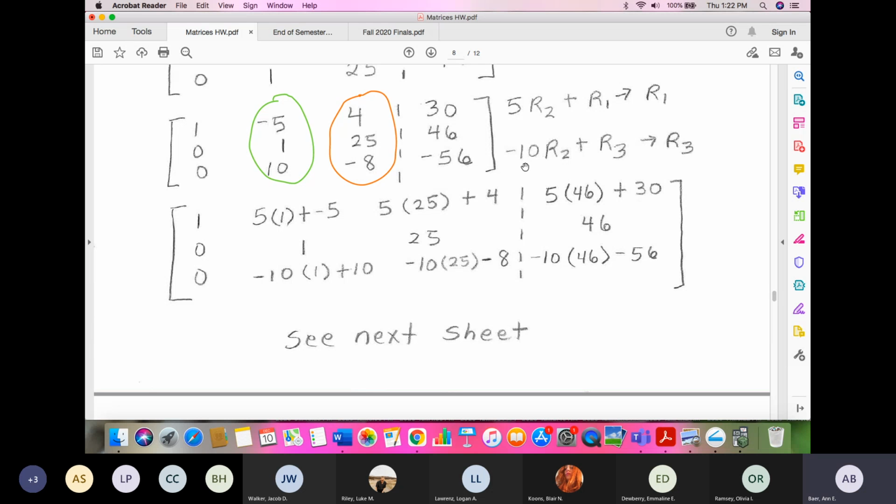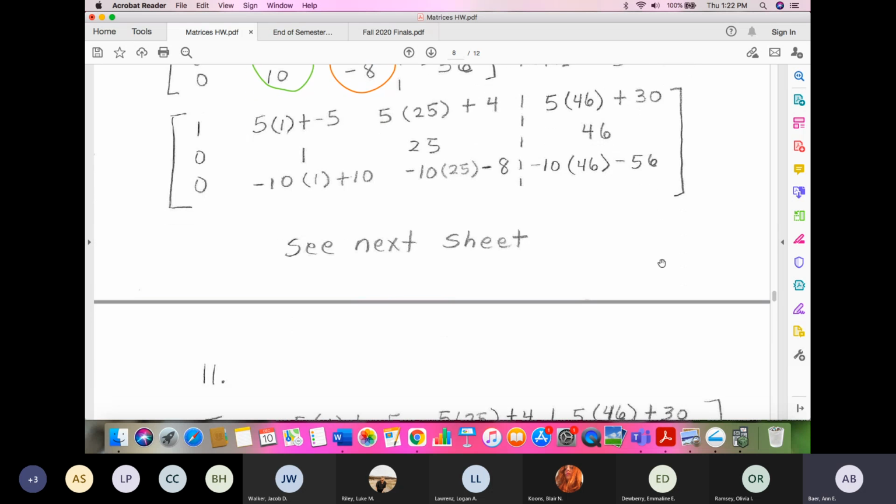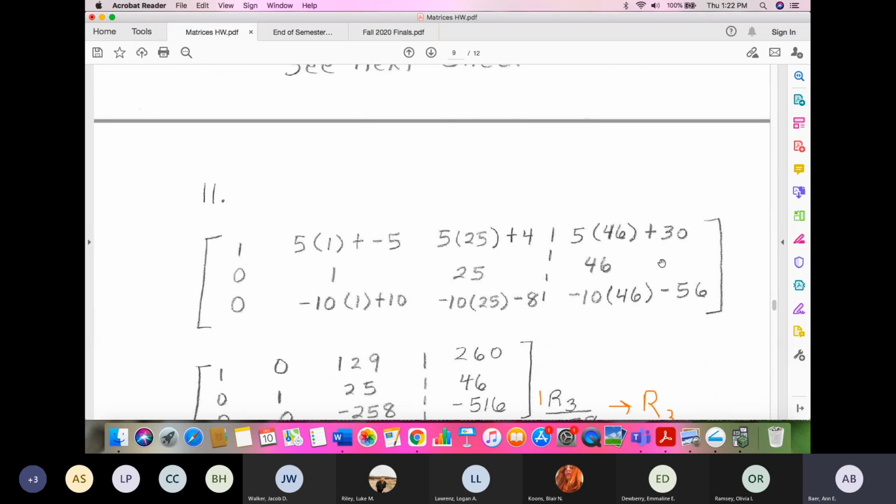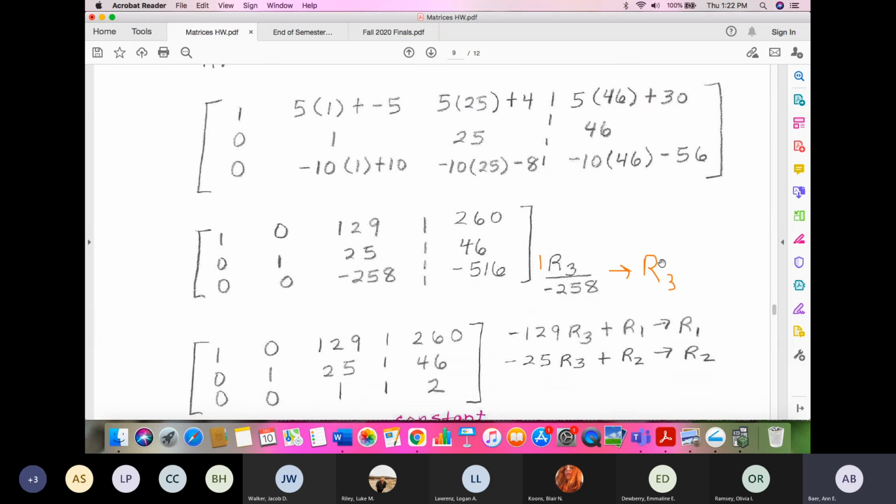And down here, we need to do this one: negative 10 times row 2, which is 46, plus row 3, 1, 2, 3, that's minus 56. And we just need to calculate what those are. I just copied it down exactly like that. I copied down exactly what we had at the bottom of the previous page, which is exactly what's at the top of this page.